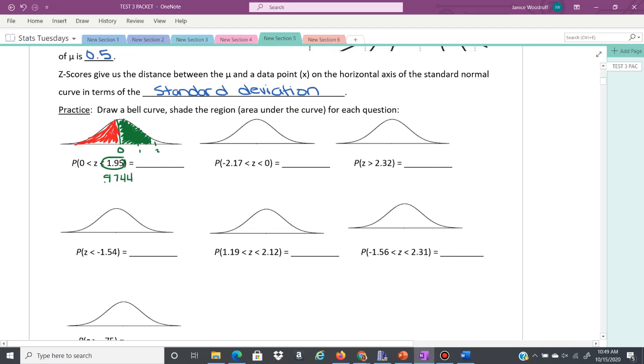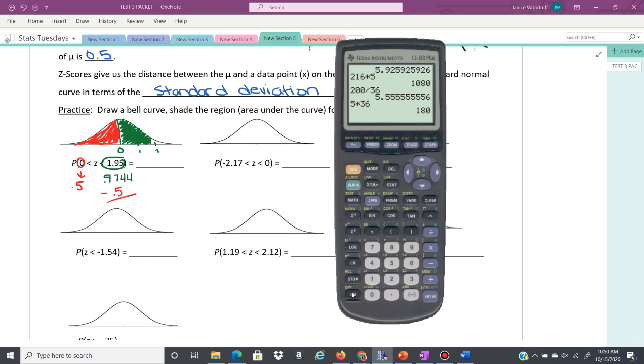This is half of the curve, so the z-score for 0 is 0.5. If we take this out of 0.9744, then we're going to get the area of this green area right here. So 0.9744 minus 0.5 is going to give us 0.4744.